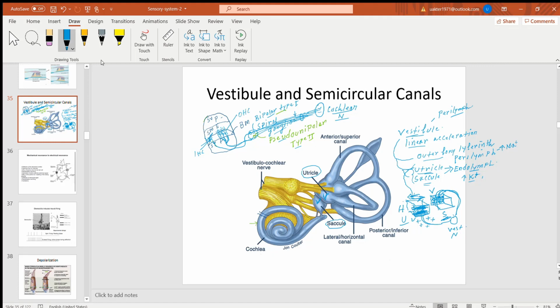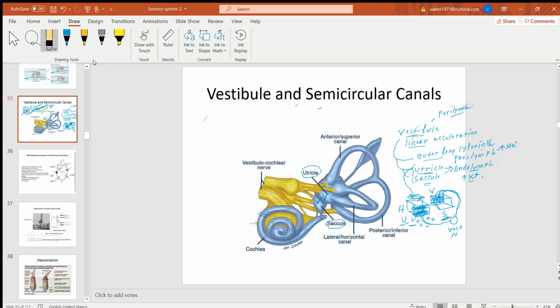So now a little more about inside the utricle and saccule. I'll see the location of the sensory epithelium inside the utricle and saccule.